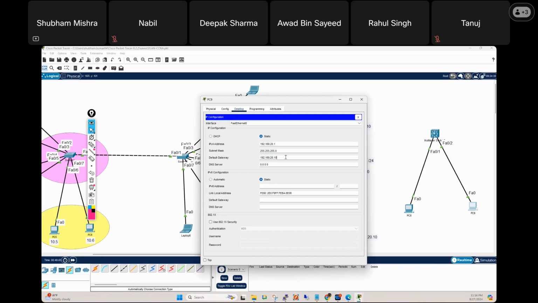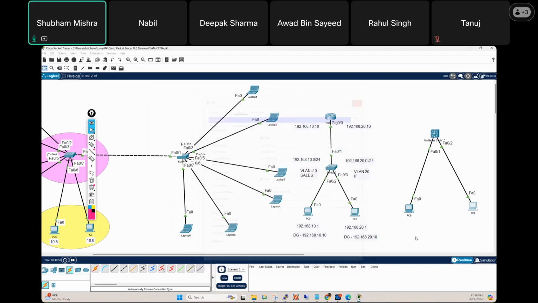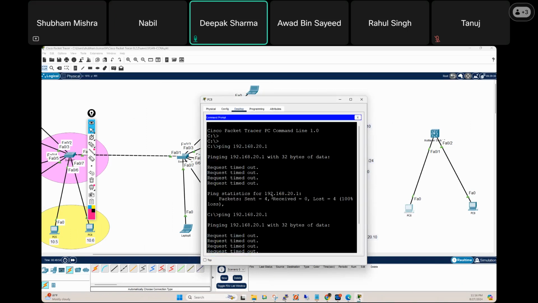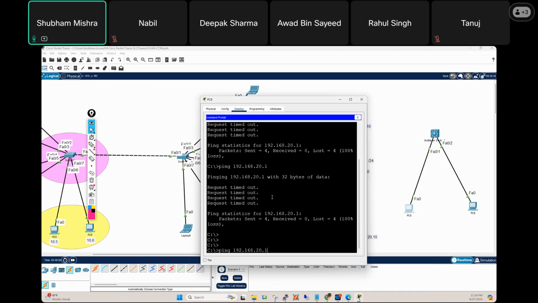We should create first a VLAN to each interface. Okay. Now it should work or not?